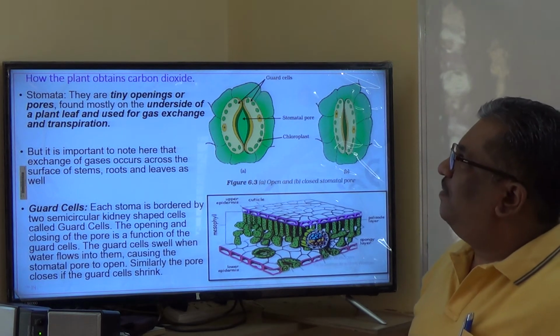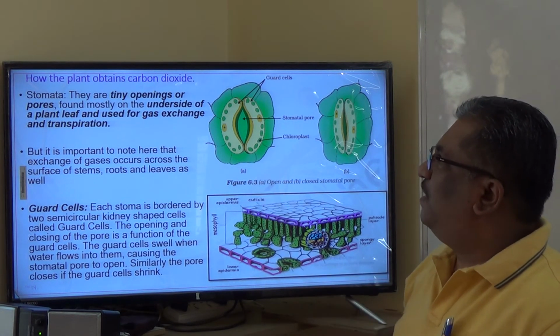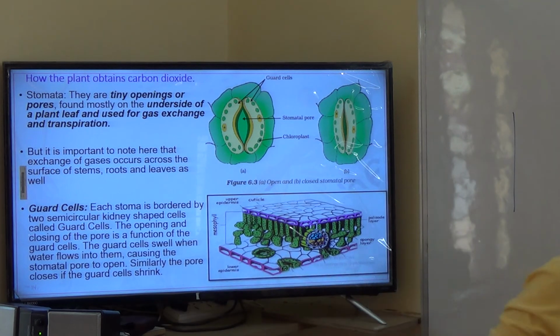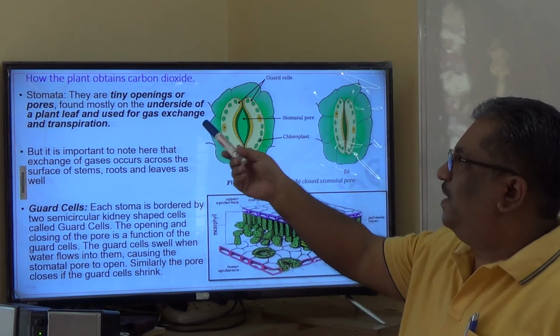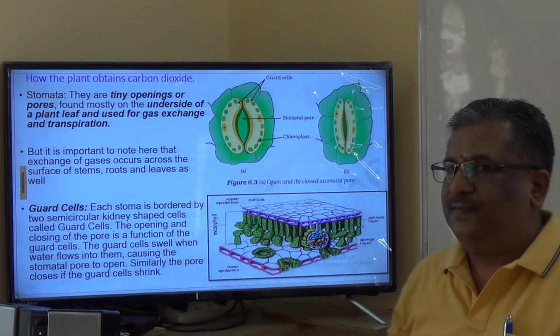How the plant obtains carbon dioxide? Please study this diagram. Okay. Now, how does the plant obtain carbon dioxide?